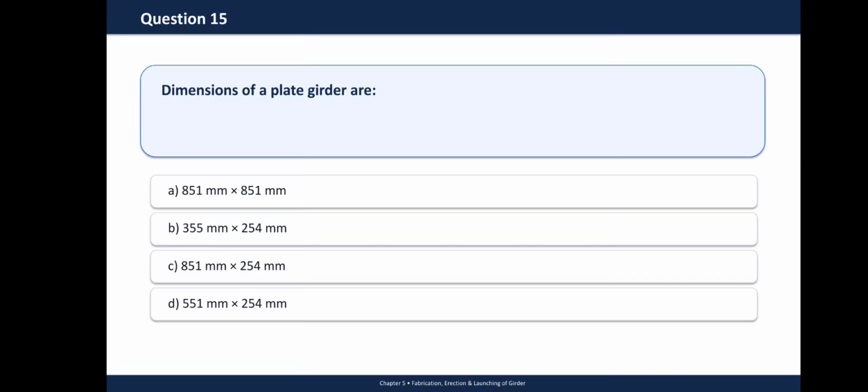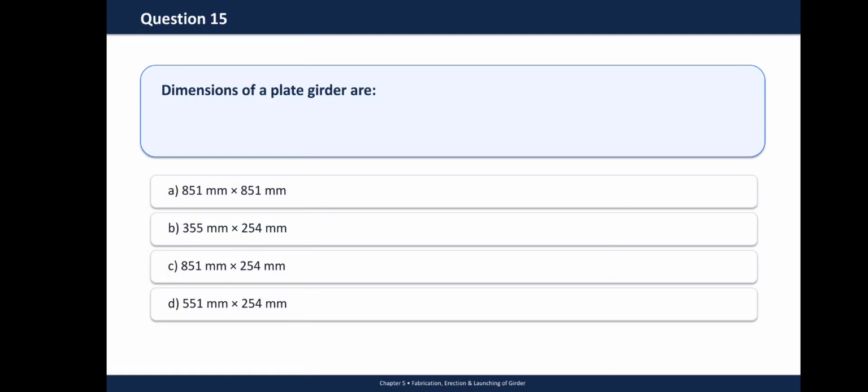Question 15. Dimensions of a plate girder are. Options. A. 851 mm by 851 mm. B. 355 mm by 254 mm. C. 851 mm by 254 mm.